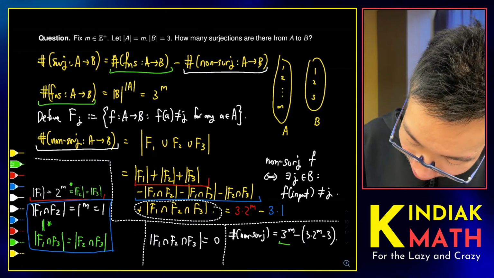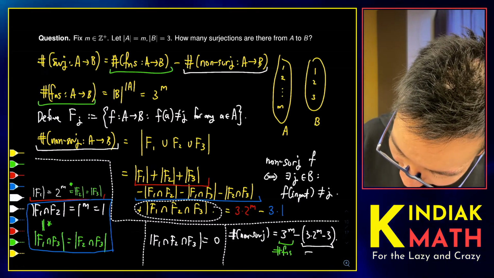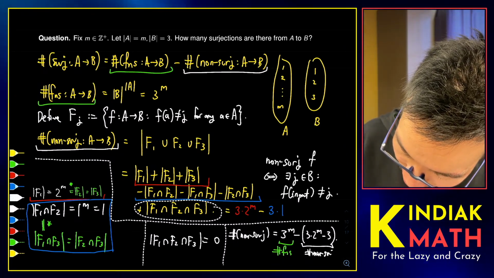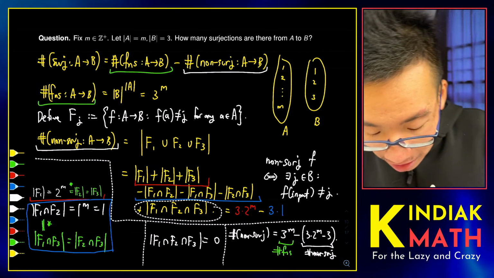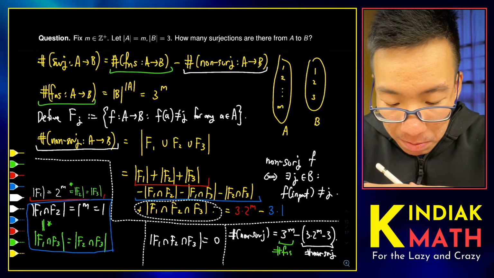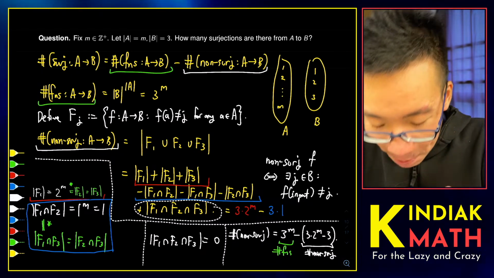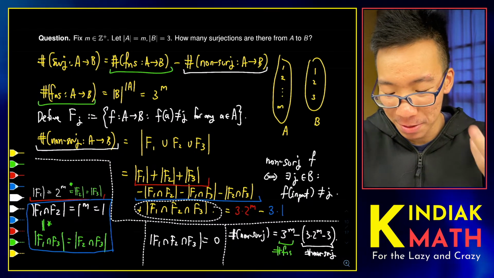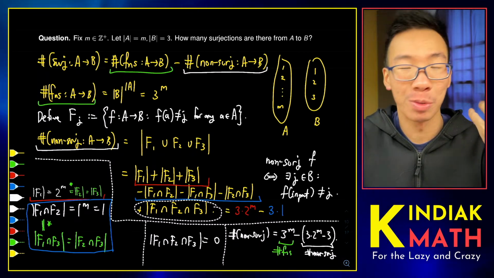Right, this is the number of functions and this is the number of non-surjections. And I think you can generalize this approach for any number of elements you wish. You can use the inclusion-exclusion principle. You can derive the general formula, which will take a bit of time, as you can possibly tell.